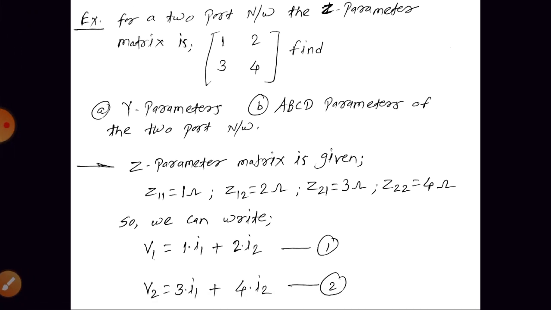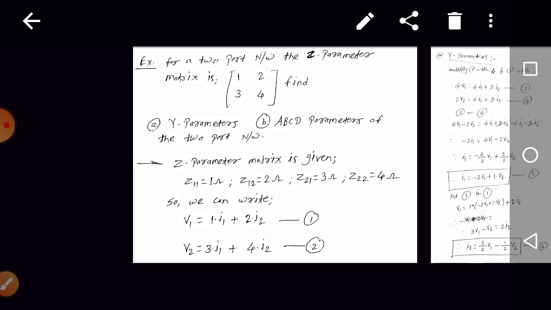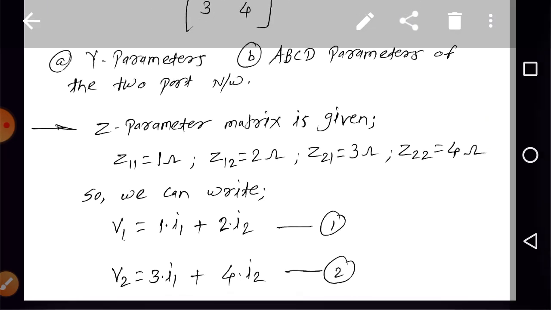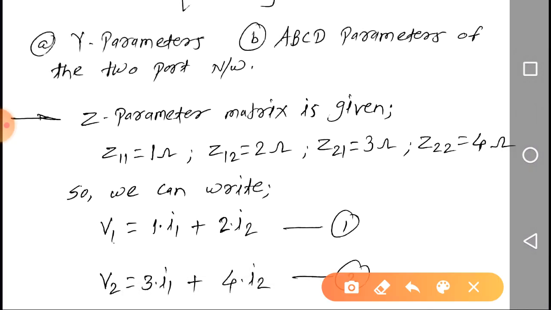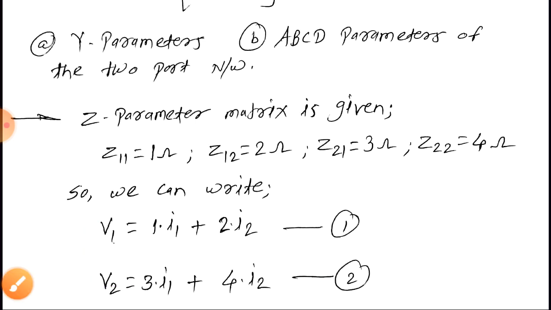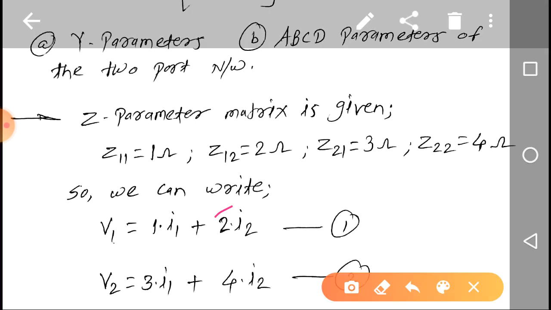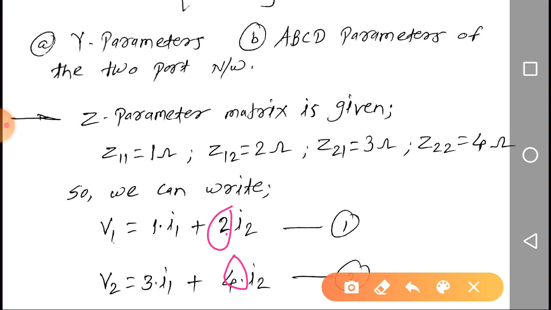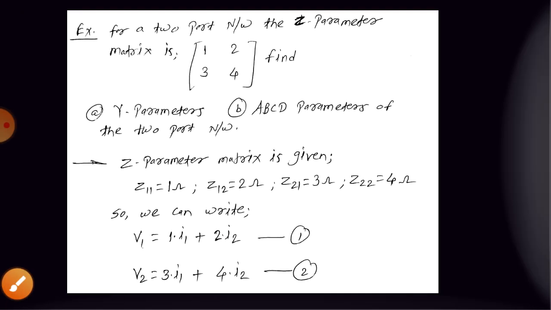So let us first discuss the Y parameters. From these two equations, how do we find the Y parameters? We need to rearrange these two equations in such a way that we get I1 and I2 in terms of V1 and V2. First we equate the coefficient of I2. Here the coefficient of I2 is 2, and here it is 4. So we multiply equation 1 with 4 and equation 2 with 2.